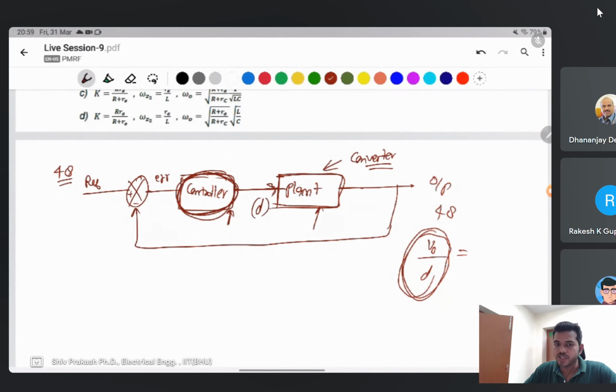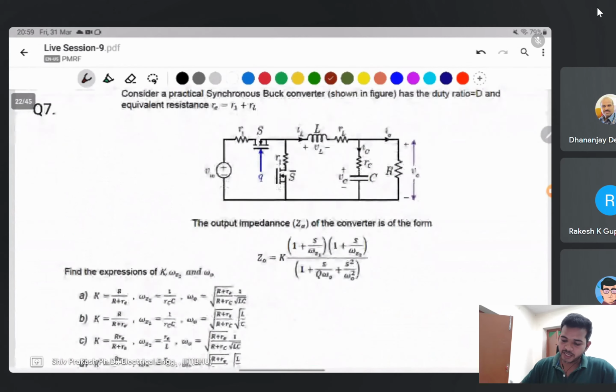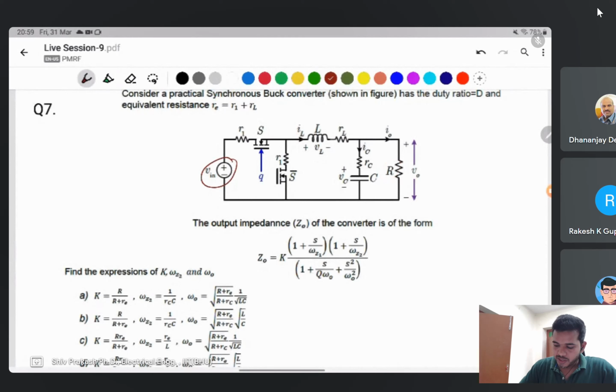You can change only the duty ratio of the converter, nothing else. Once you design this, the input voltage you supply, you can't control it all the time. The load resistance is constant.